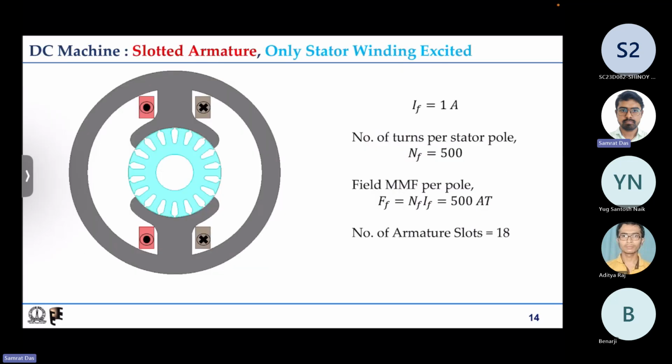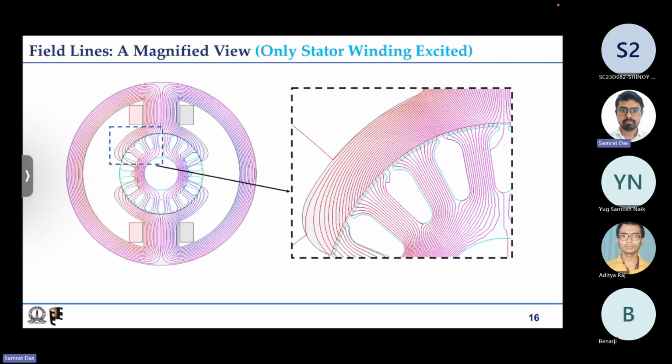Then we looked at the slotted armature, and that is a practical case because we have to put some winding into the rotor. If we look at the zoomed in view, then we understood that flux lines from the slot opening region tend to go to the nearby teeth.